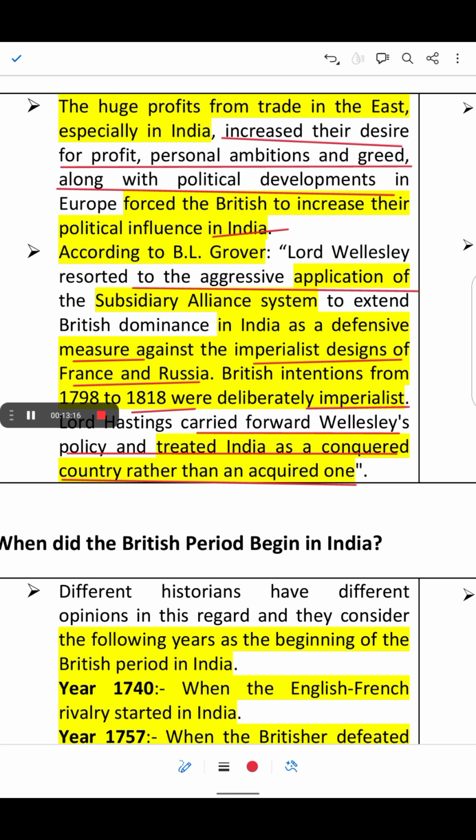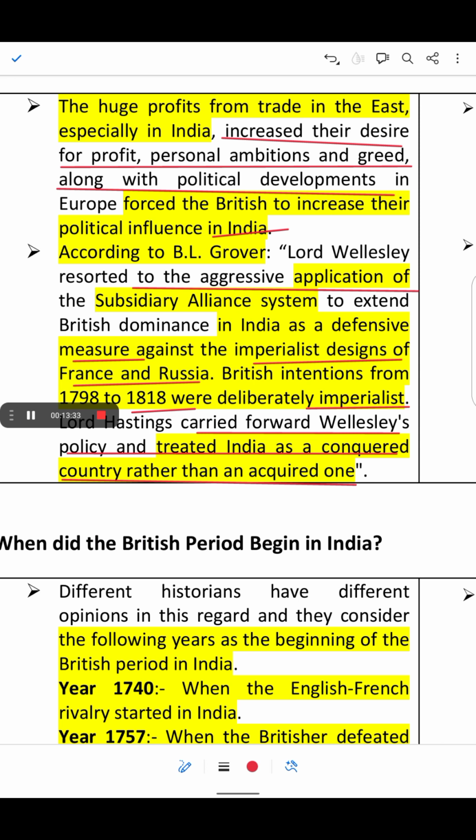Okay. Now, Lord Wellesley's subsidiary alliance system would force the Indian ruler to accept the British troops for protection and give up control over Indian foreign relations.